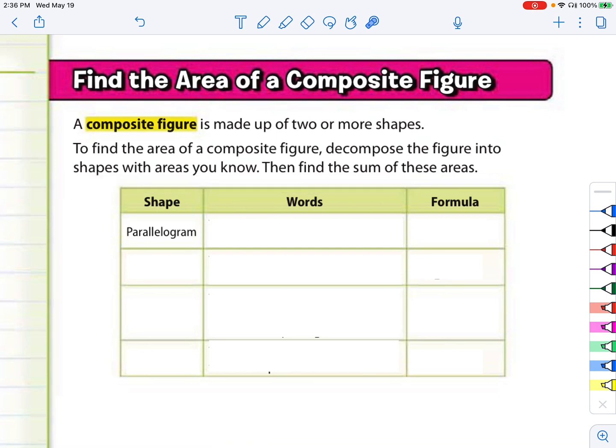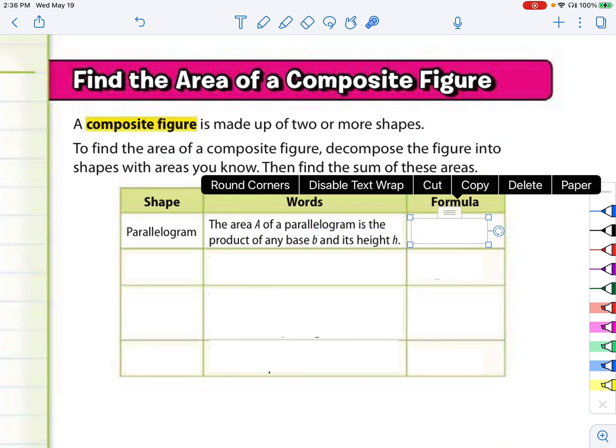Okay, so let's take a look at a parallelogram. Remember what a parallelogram is. A parallelogram is a quadrilateral with two pairs of parallel sides. The area of a parallelogram is the product of any base and its height.